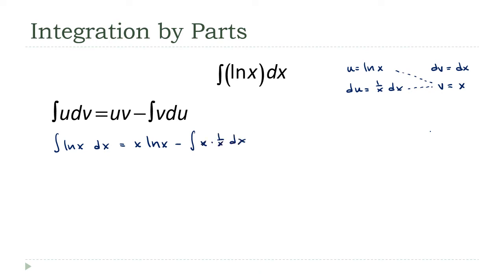The x's cancel. This is x log of x minus the integral of dx, and that's just x. So the whole thing is x log of x minus x plus a constant. There you go, there's my answer. That's the family of antiderivatives for this integral.